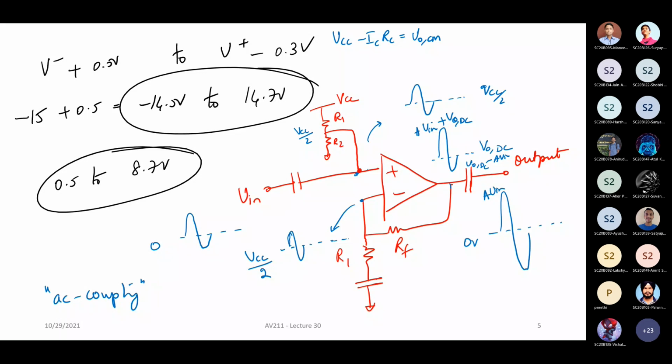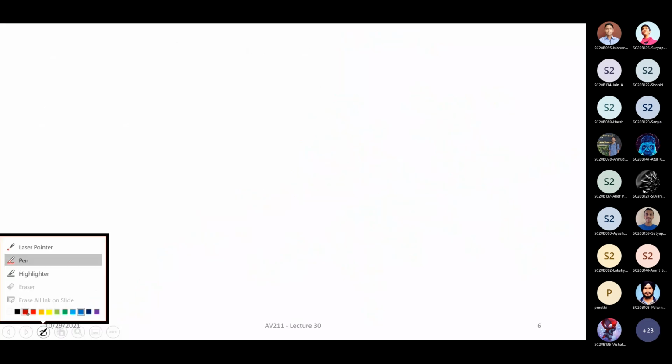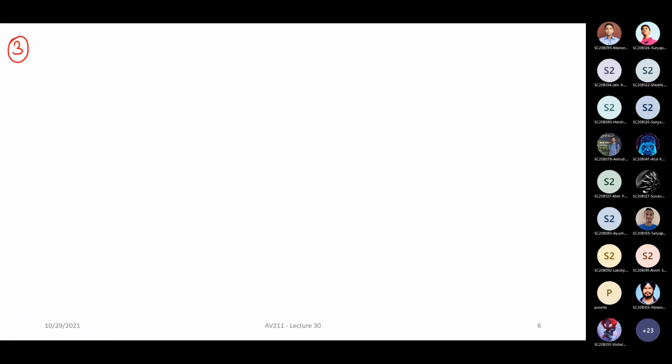Now again, thirdly, I am just looking at different aspects of op-amp based designs. This is another quick one. We have studied integrators, right? So what is an integrator? It's basically a capacitor in feedback.